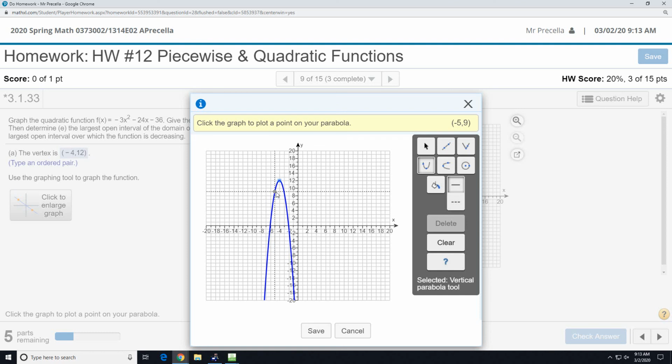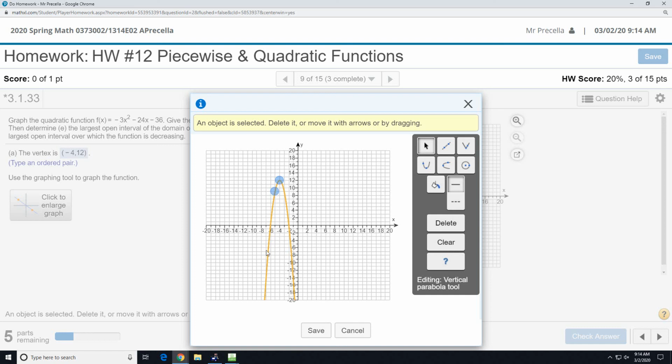Yes. Okay. Now notice, if you had plugged in -3 for x, you would have still gotten 9 for y. So you'd still have the same graph. Remember I said these things are mirror images. This tool is very nice. You plot the vertex, and then you plot one other point.